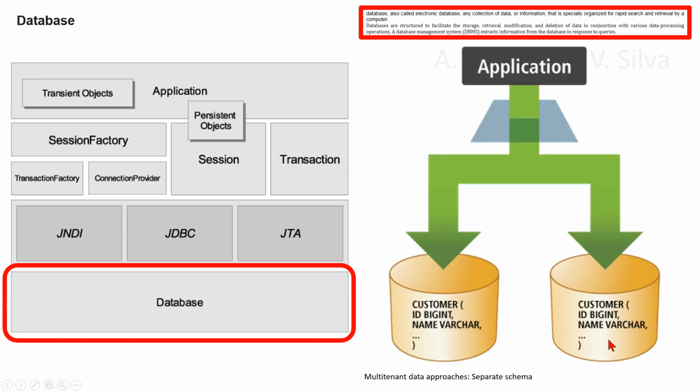Here you can see a separate schema in multi-tenant approaches. Each tenant's data is kept in a distinct database schema. There are two different ways to define JDBC connections here.